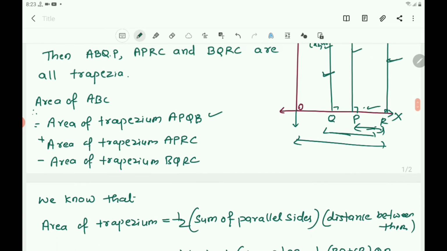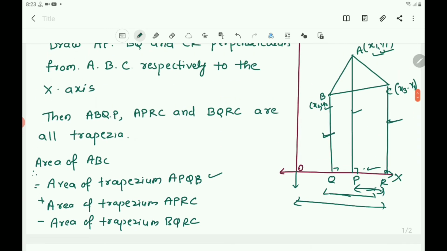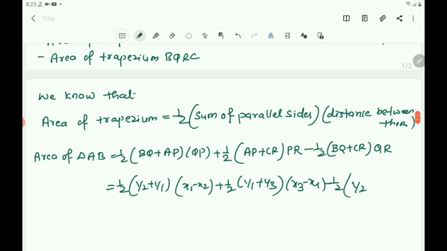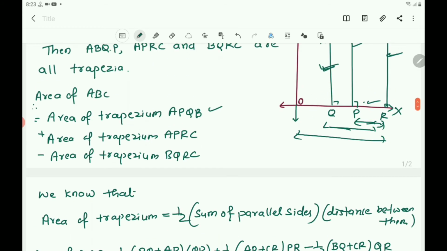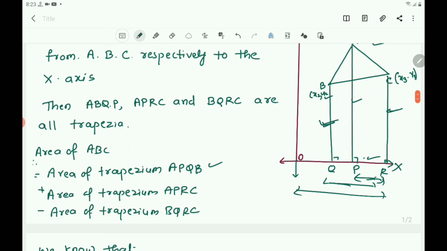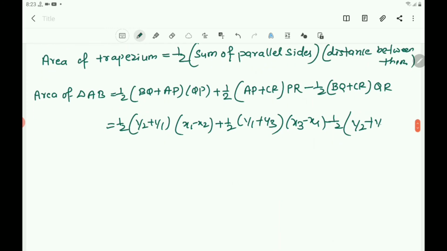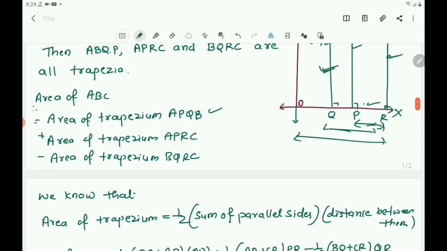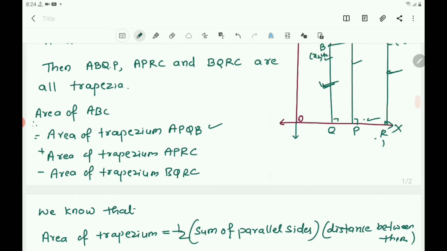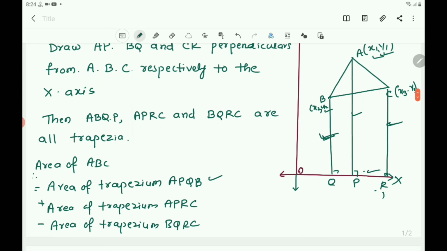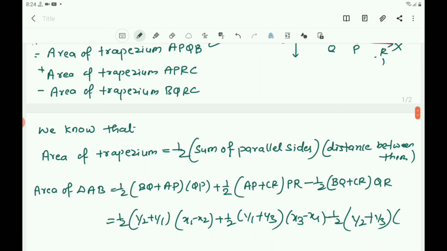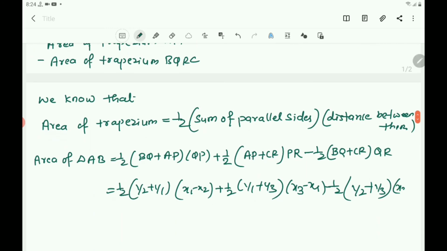Then minus half into (BQ plus CR) into QR. BQ has y coordinate y2 and CR is y3. QR is OR minus OQ, where OR is x3 and OQ is x2, so you take x3 minus x2.